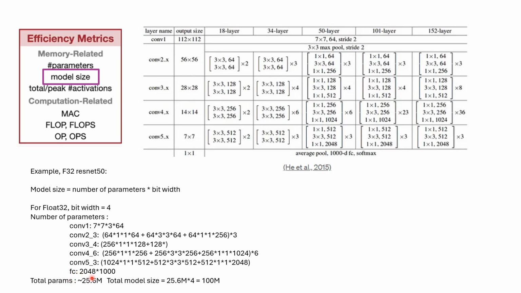So we multiply these two together. That's the number of parameters for the fully connected layer. So summing all of them together, we got approximately 25.6 million parameters. Then using that times the bit width 4, we have approximately 100 million. That's the size of the model.